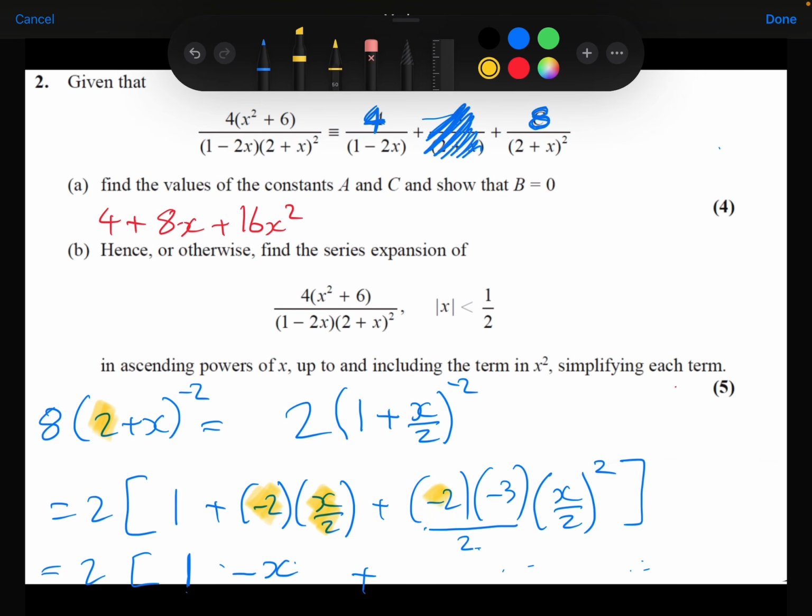Then we have minus 2 times minus 3 is plus 6, divided by 2 is 3. 3 times x over 2 squared, well, x over 2 squared is x squared over 4, multiplied by the 3 is 3x squared over 4.